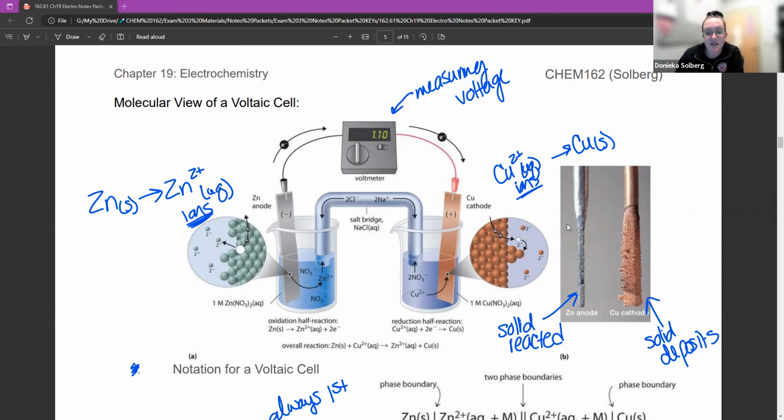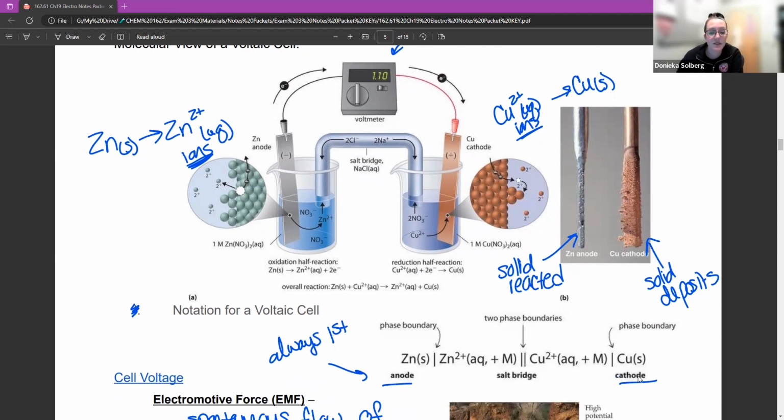So you end up with a zinc anode that has lost mass, just because now it's in solution as zinc 2 plus. Whereas on the other side, those copper ions that were floating in the solution are turning into copper metal and depositing onto this cathode. So we end up with copper on the cathode as this reaction happens.